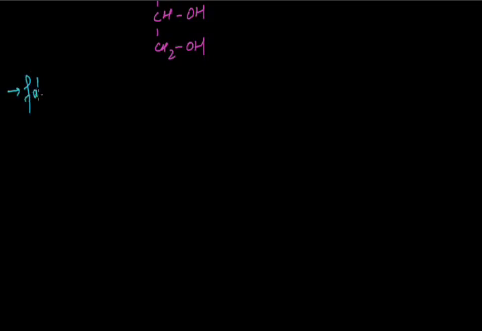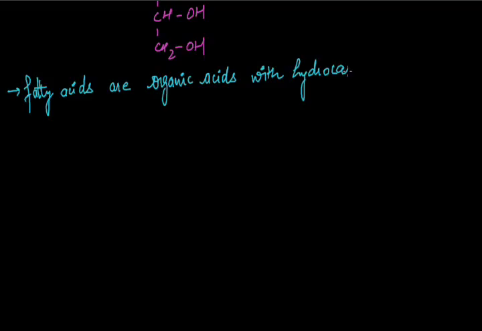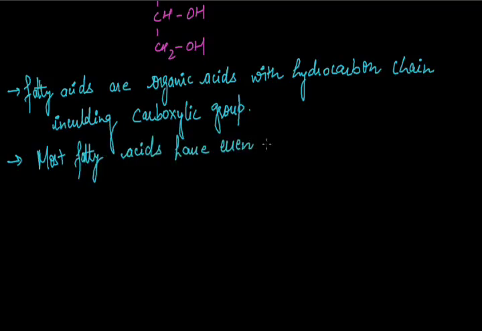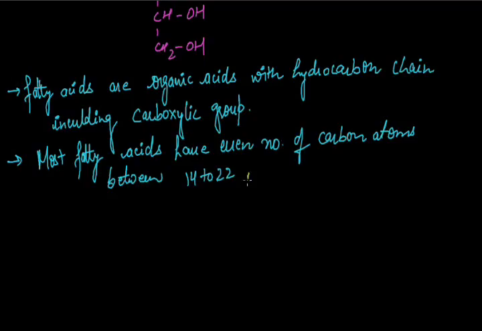Next, fatty acids are organic acid with hydrocarbon chain including carboxylic group. Most fatty acids have even number of carbon atoms which are between 14 to 22 and they are mostly 16 or 18.